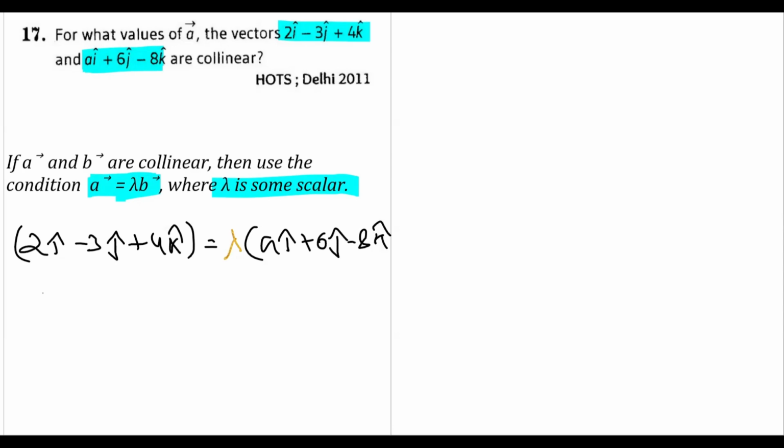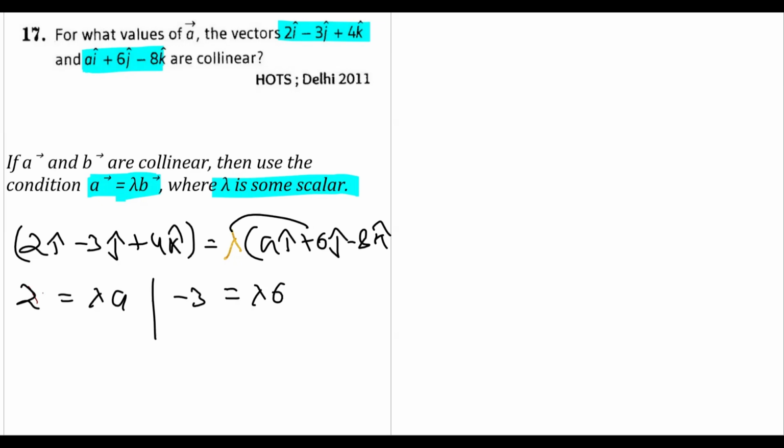Now comparing the coefficients of i, this is going to give us 2 is equal to lambda times A. Comparing the coefficients of j, it is minus 3 is equal to lambda times 6.